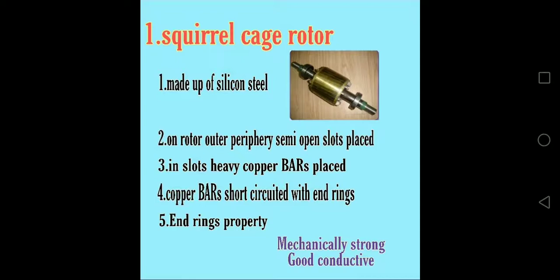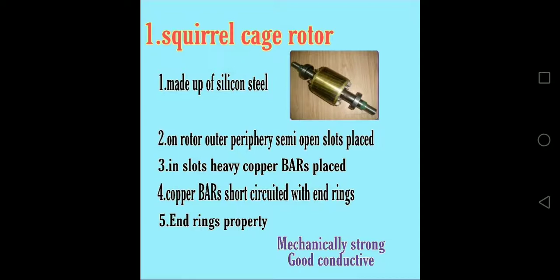These copper bars are short circuited with end rings. The end rings are also heavy copper material.